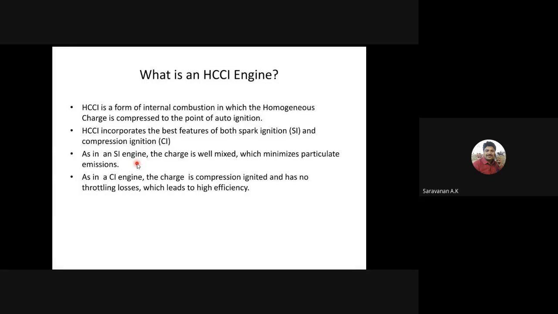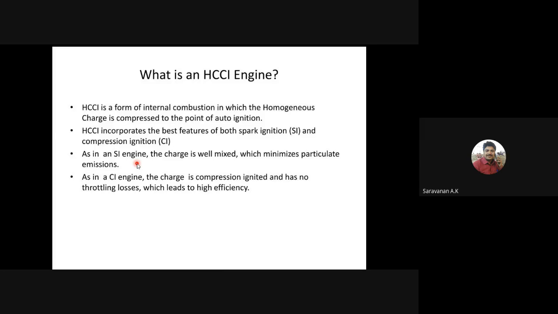In CI engines only a fraction of the air and fuel is pre-mixed and burns fast, whereas for the large part of the fuel, the time scale of evaporation and diffusion has to be considered. The time scale for the large amount of fuel will be longer than the chemical time scale.